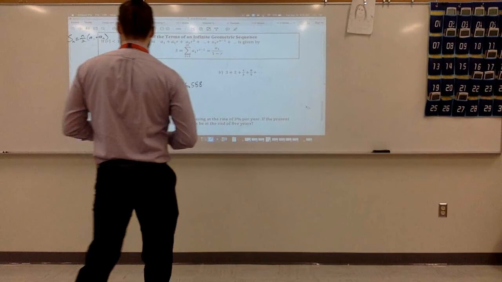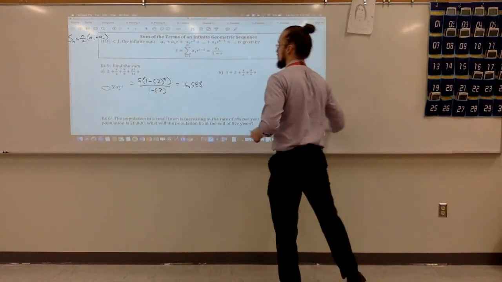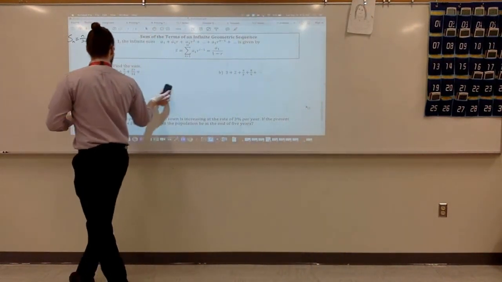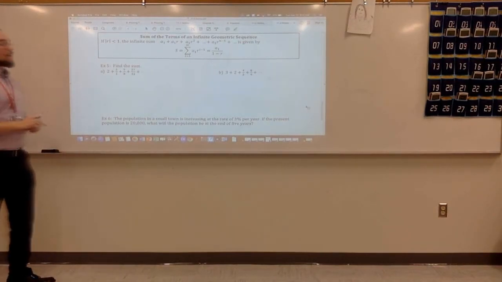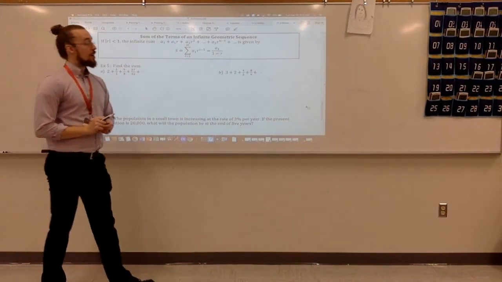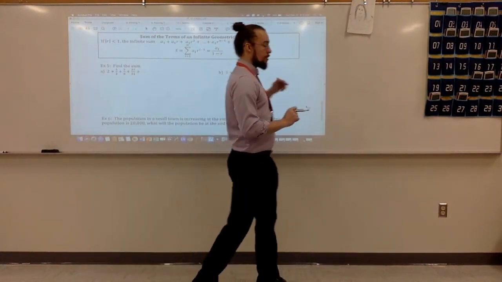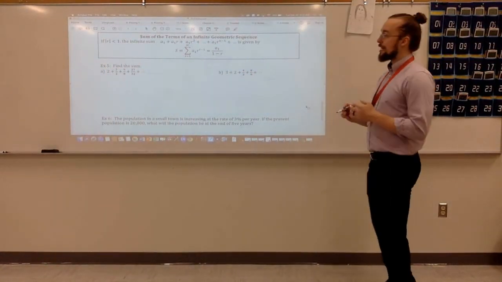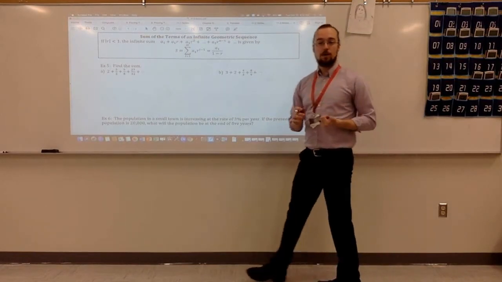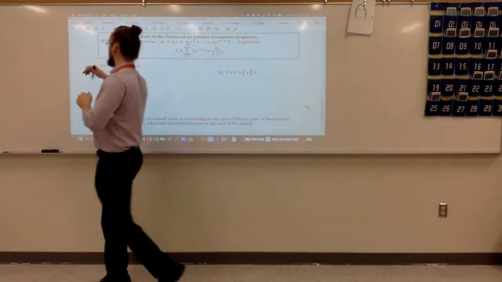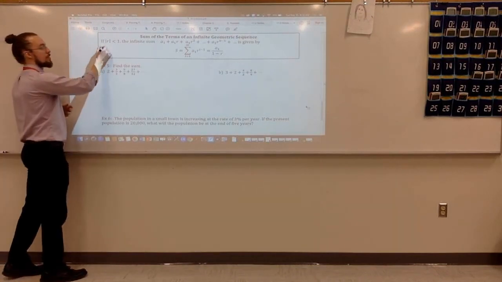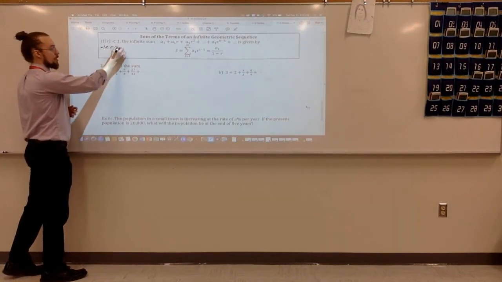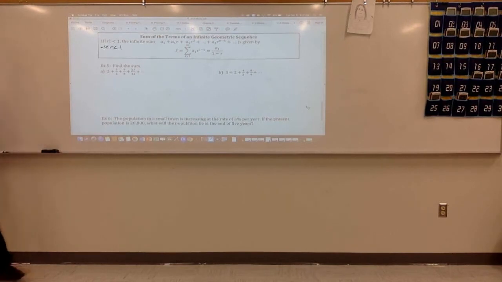The last idea here is the sum of an infinite sequence. If my common ratio is between -1 and 1, okay, so they write it as the absolute value of r is less than 1. This means the same thing as r is between -1 and 1.